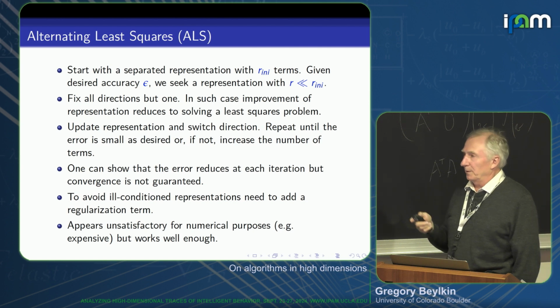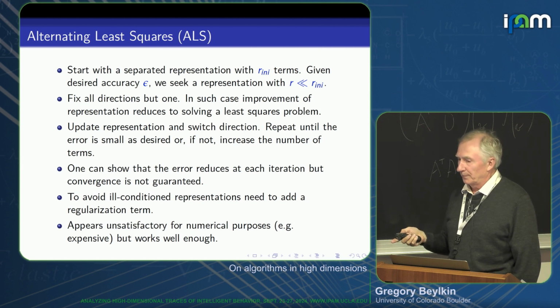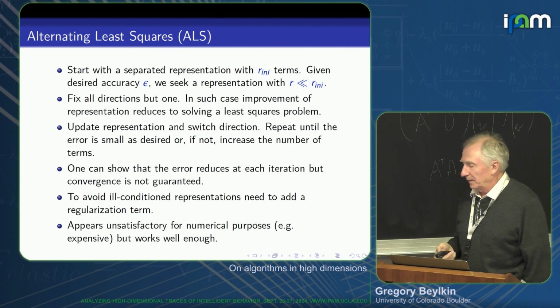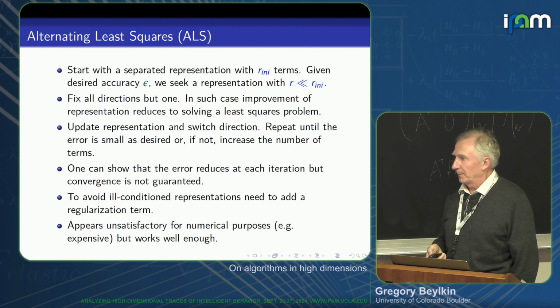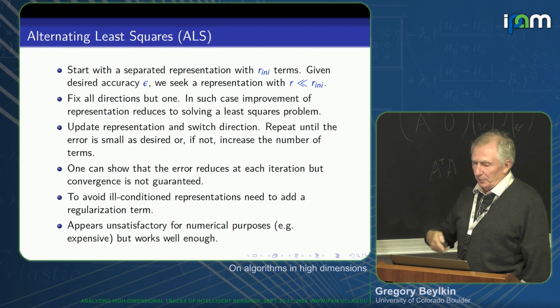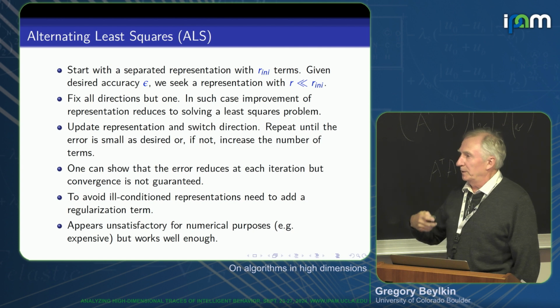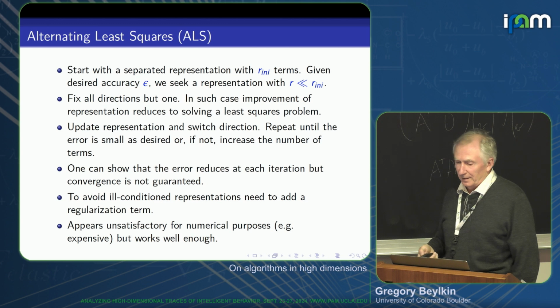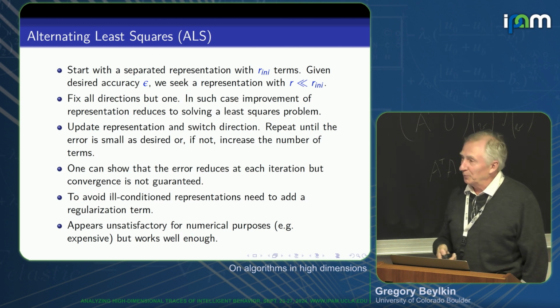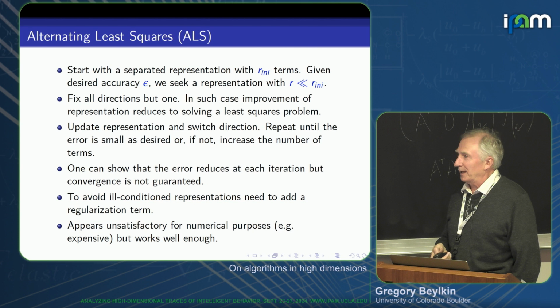So what do you do? You fix all directions except one. If you do this, the problem reduces to L2 minimization, least squares. You solve this problem, update the representation, and switch direction. You do it again, again, again, until you're either happy or not happy, and then you can increase the number of terms.